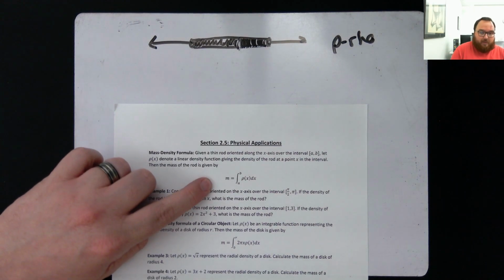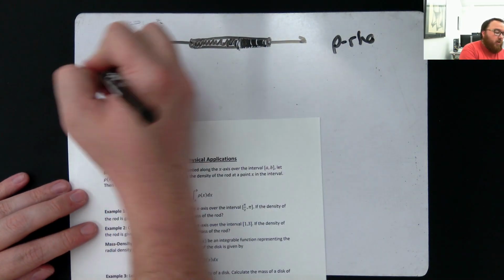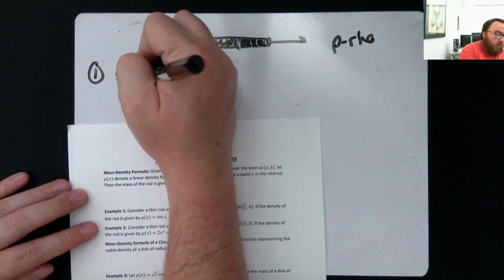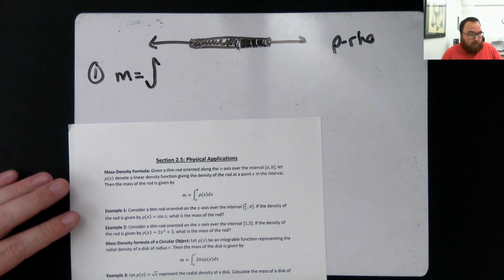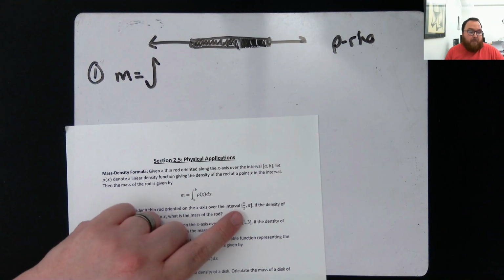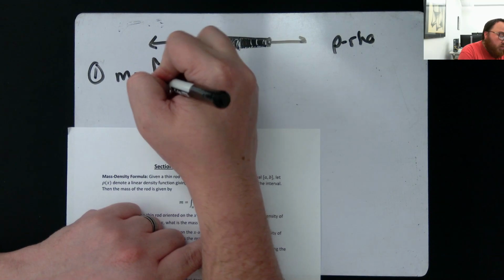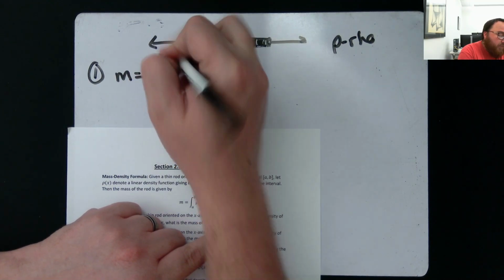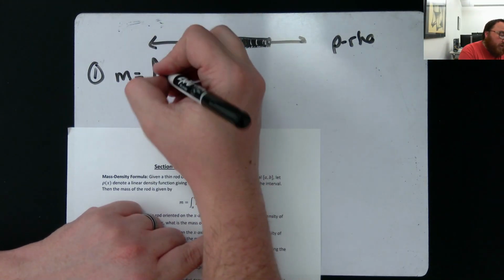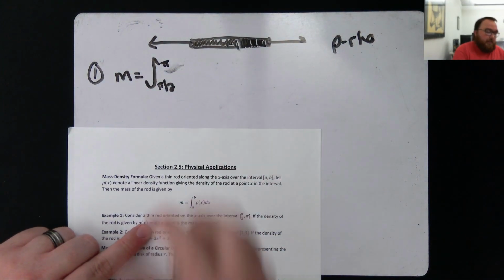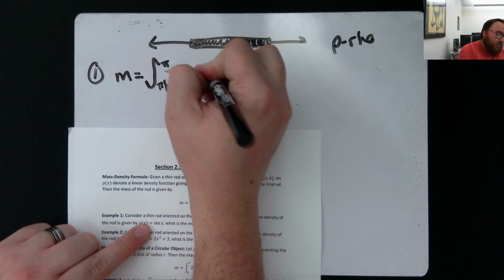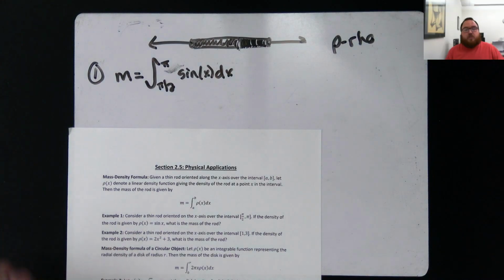So, using this, for example number 1, our mass is equal to the integral from pi over 2 to pi of rho of x, and rho of x here is sine of x. So I just got to do that.